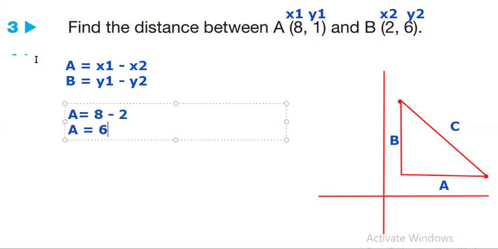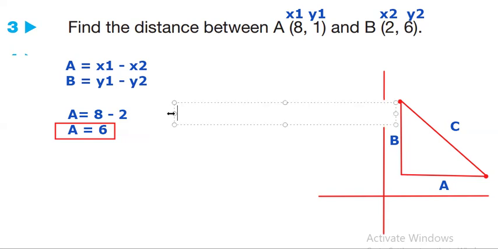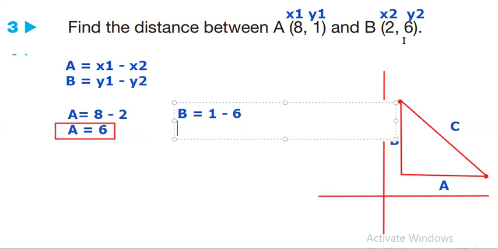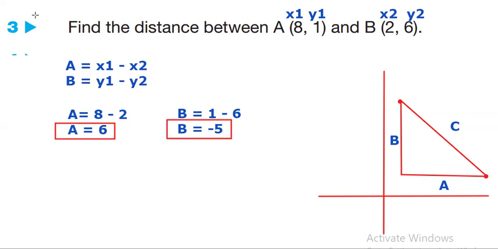That's the first step, finding A. Now, I'm going to do the same step here, y1 minus y2 to find B. So B equals y1 minus y2, y1 is 1, minus y2, which is 6. So B will equal 1 minus 6 equals negative 5. Now, the second part, which is finding B, is done. So we found A and B. Now we use them in Pythagoras.